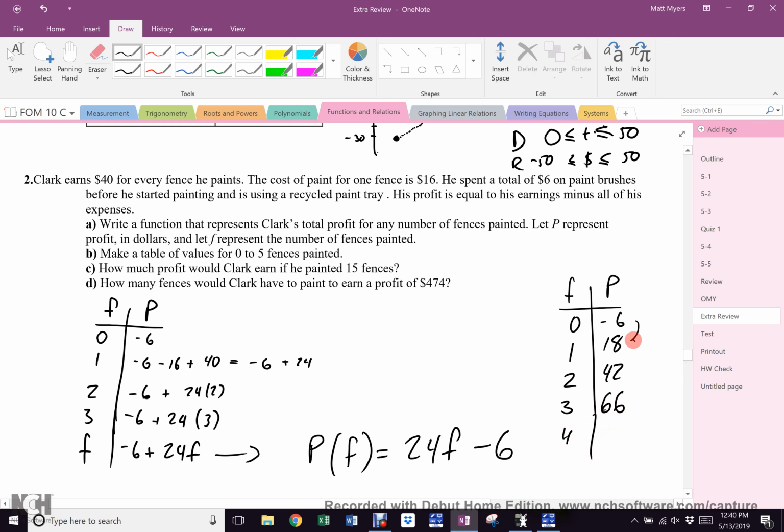What are we going up by each time? 24, so this must be 90, and this must be 114.